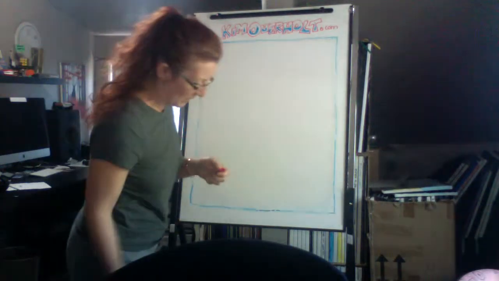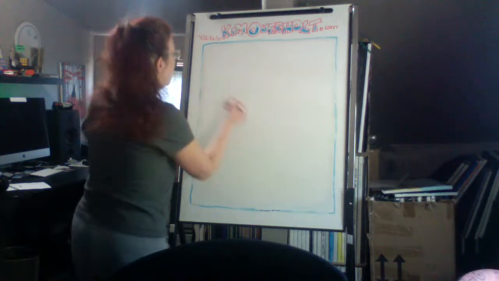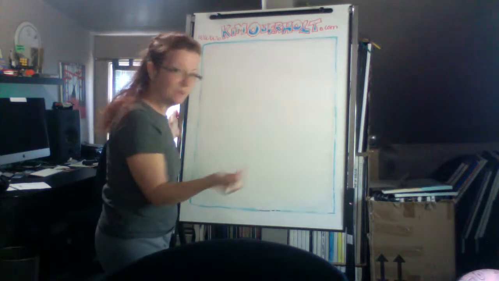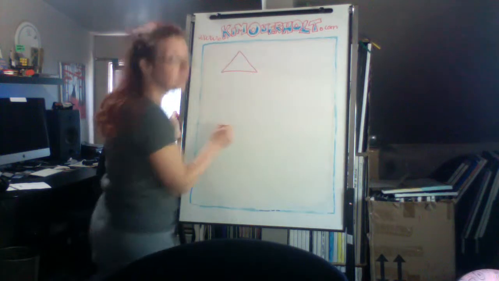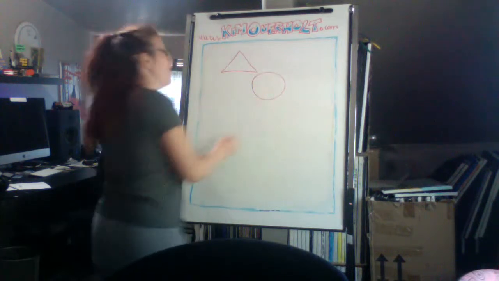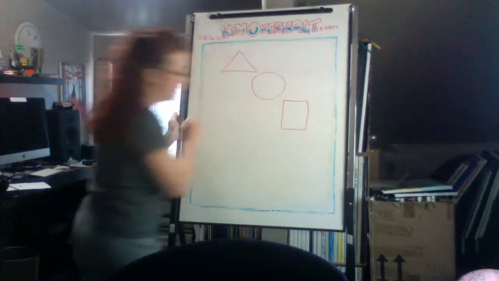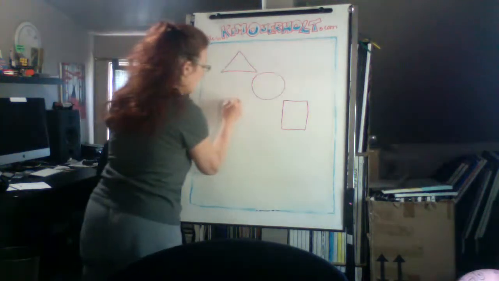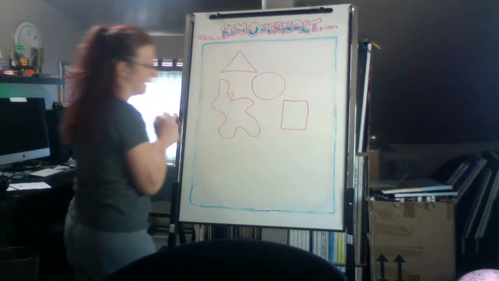Okay, so when you start doing cartooning, you start with the basic shapes. You start with your triangle shape, right? And circle, right? And what else do you have? Oh, that's right. You have the square shapes. And then, yes, of course, that last one, that's the organic shape, whatever you want to call it.